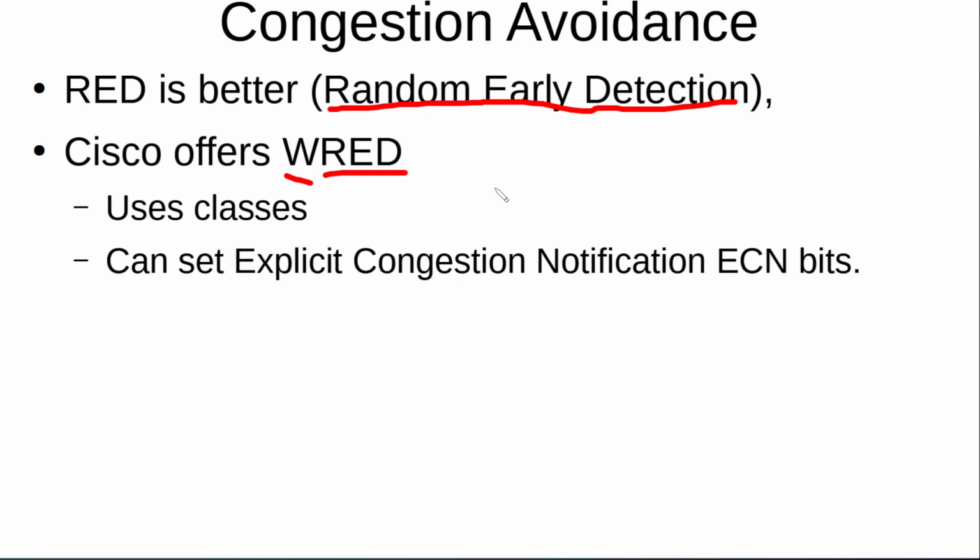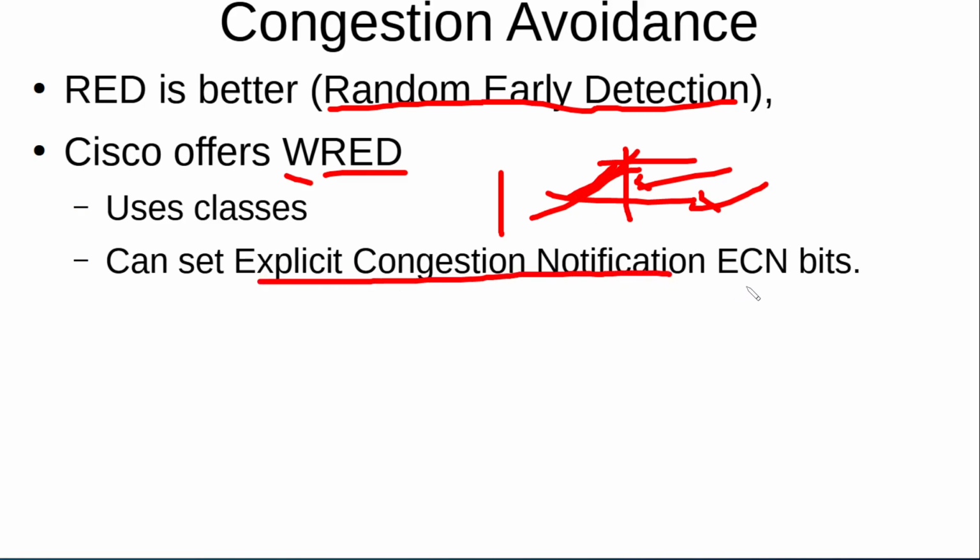You will have to define a point where you want your packets to start getting dropped, and a starting point, and the rate of dropping packets could be greater for some flows and lower for others. You can also set the explicit congestion notification bit with this method, and that's it.